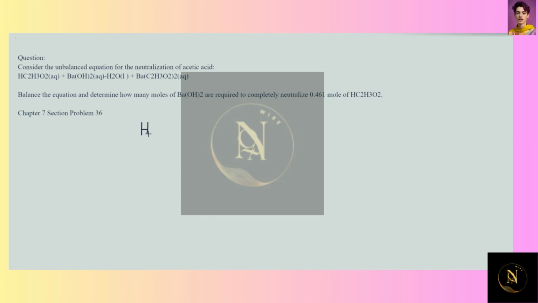If I was going to write this, it could be H acetate, AC, aqueous, plus barium hydroxide, and this is going to go to water.